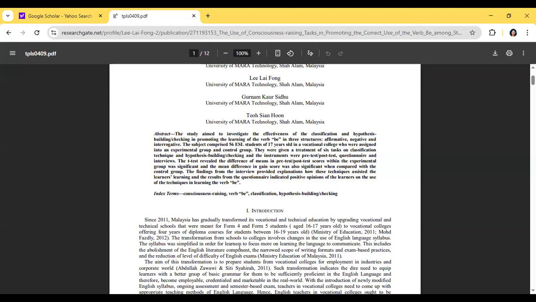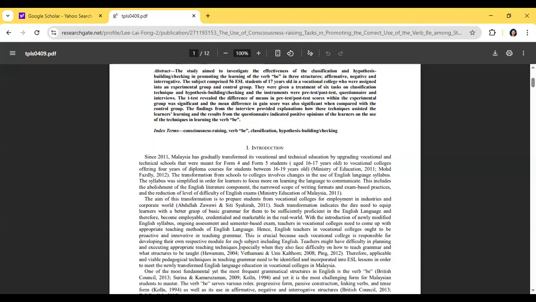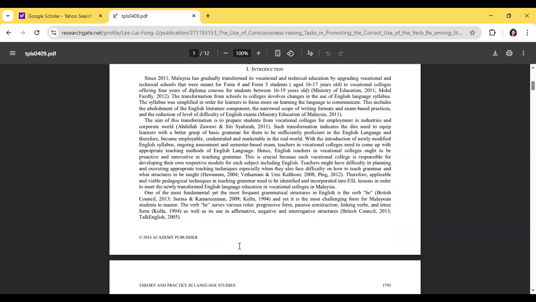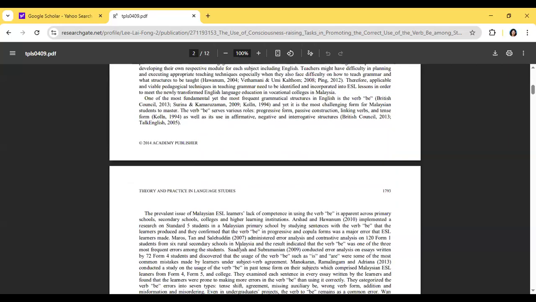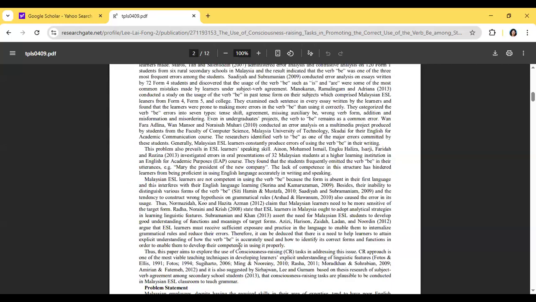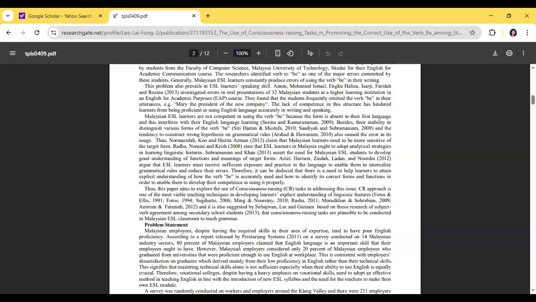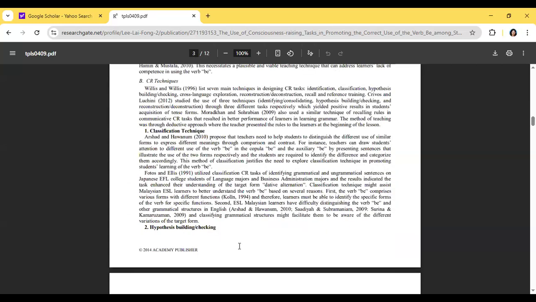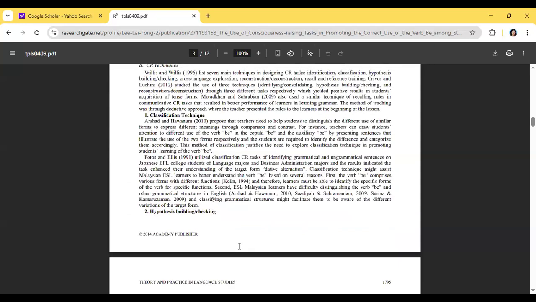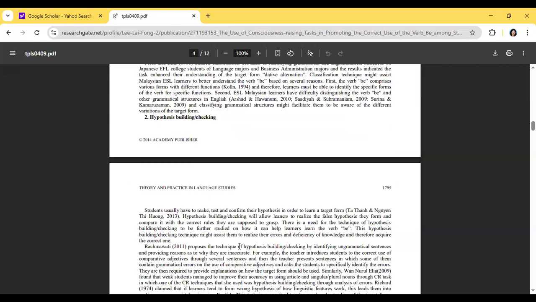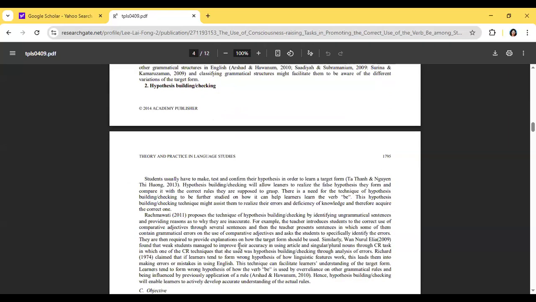So here the abstract doesn't explain a lot of things, therefore you have to read a lot of what is given in the article regarding the techniques and the methodology, right? Like that, does anybody else want to read your articles to the class?